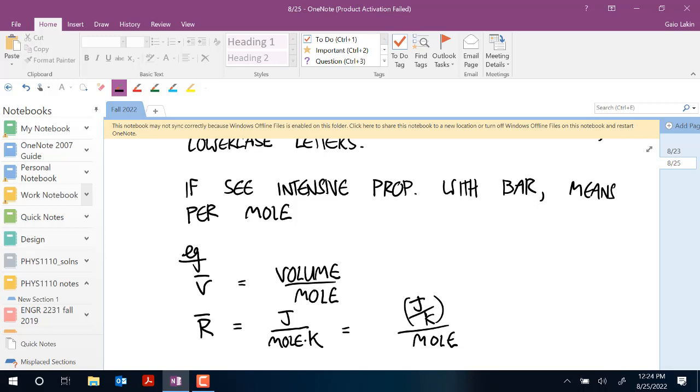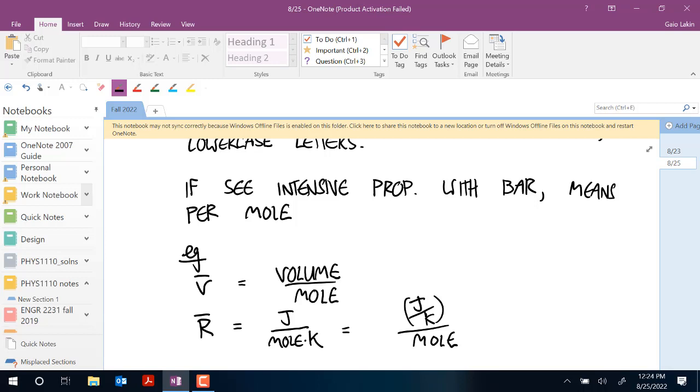Quick question. R without the bar, would that be the same thing as Boltzmann's constant, which is usually represented by k? No, it's something that you probably didn't use before. It's a gas-specific gas constant.